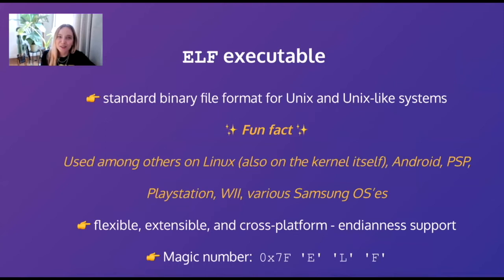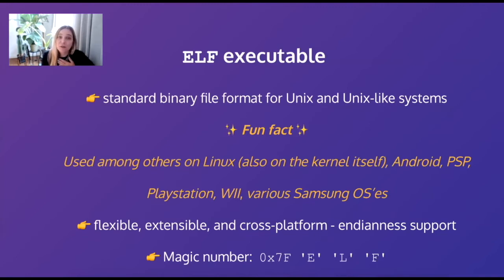So ELF is an abbreviation for Executable and Linkable Format, and defines the structure for binaries, libraries, and core files as well. ELF files are typically the output of a compiler or linker and are a binary format.